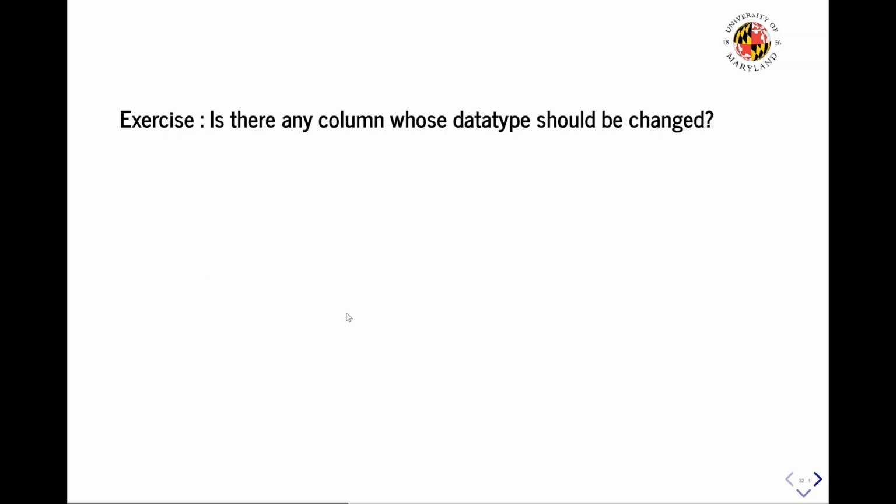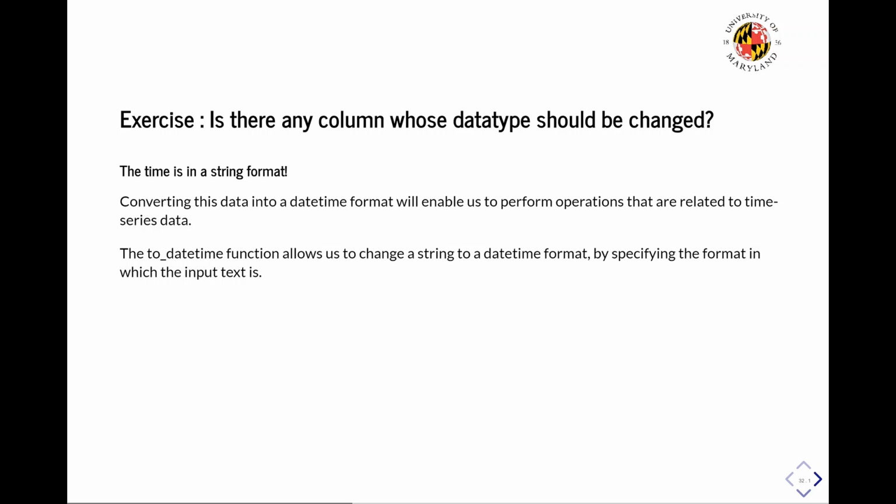Now that you know the data types, do you think there is any column whose data type should be changed and is not correct in the current data type? The column that is incorrectly stored in the wrong format is the time data.